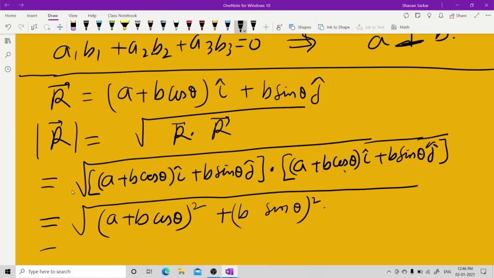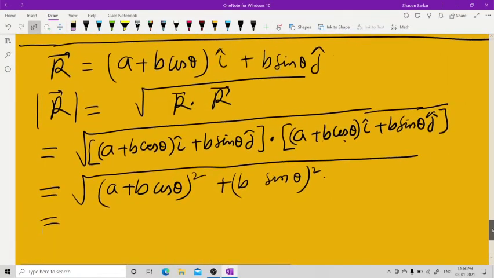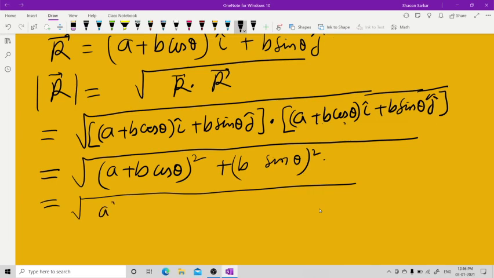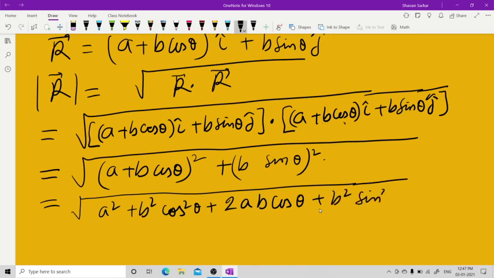Now let's open the whole squares. Now this is a plus b whole square, which you have seen in smaller classes. A square plus b square cos square theta plus 2ab cos theta plus, square this up, it is b square sine square theta.